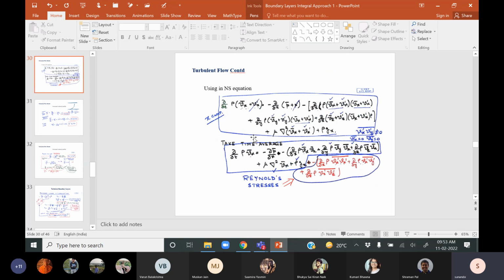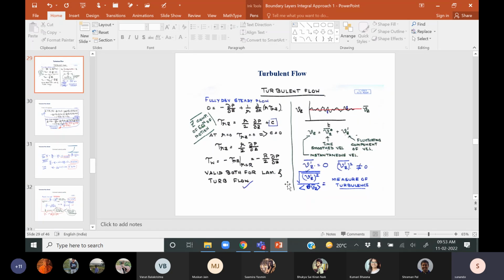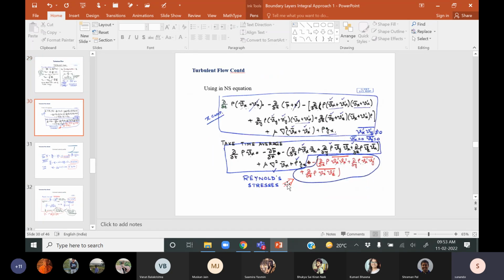And if you strictly like to confine yourself to analytical approaches, then substituting the time fluctuating component in the Navier-Stokes equation gives rise to three additional terms for the x component itself, which are collectively called Reynolds stresses. So that's what I have covered in this part.